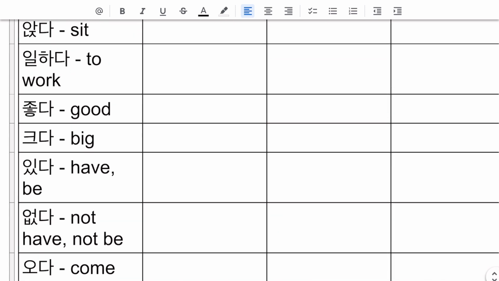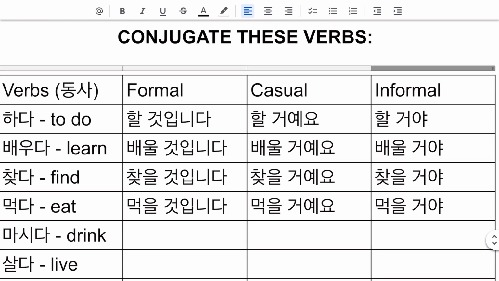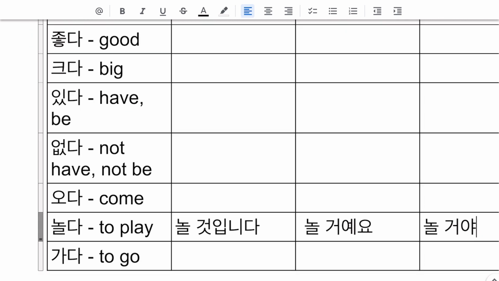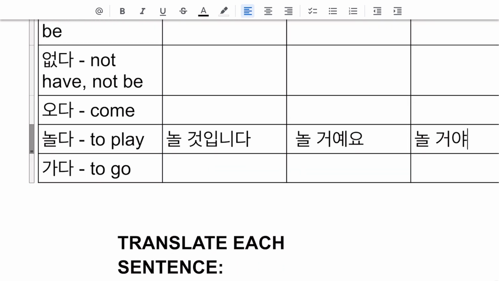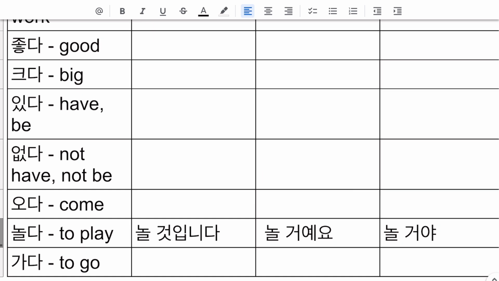Now for the rest of these, I'm going to leave them blank for you guys to do on your own. And in the homework I'm sending next, you'll also get some more conjugations. So do not shy away from the conjugation charts. Some people love to conjugate, some people hate it, but what you really don't want to do, especially if you do hate it, is to not do it.